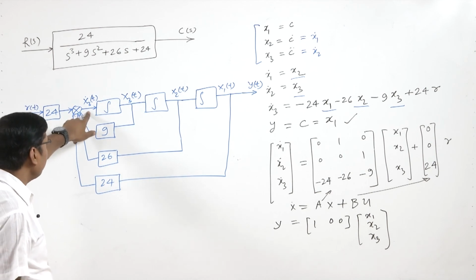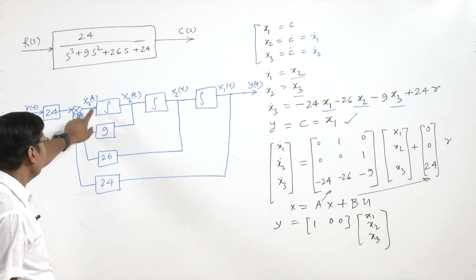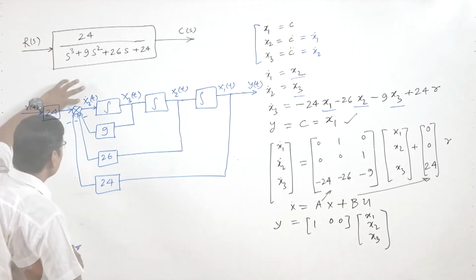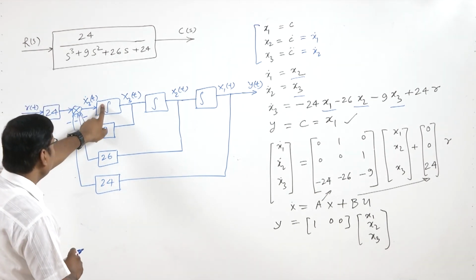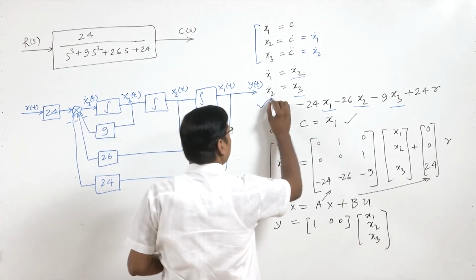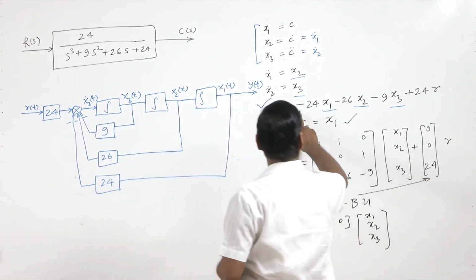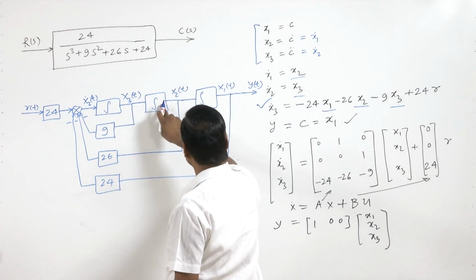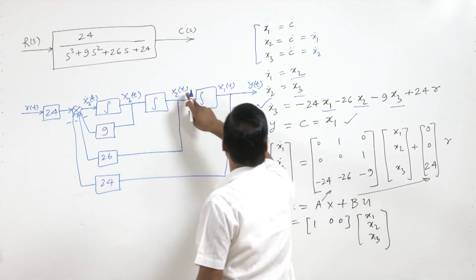Here we have x3 dot(t), we integrate, so this is equal to, we have an integrator, so we get x3(t), and then we further integrate to get x2(t).